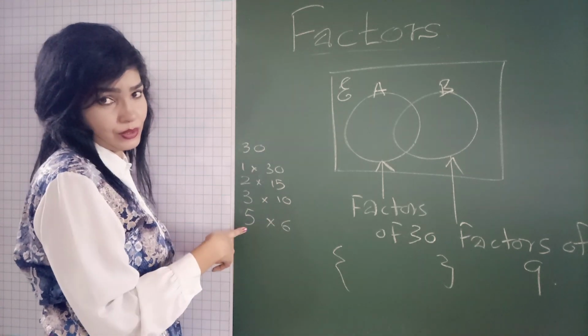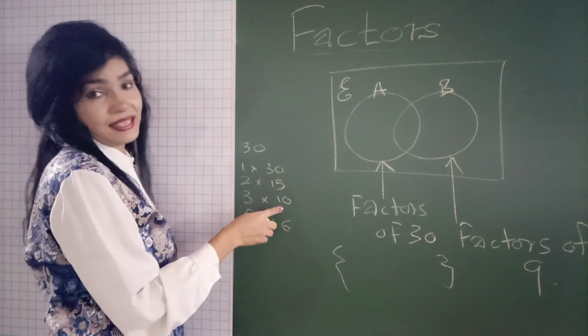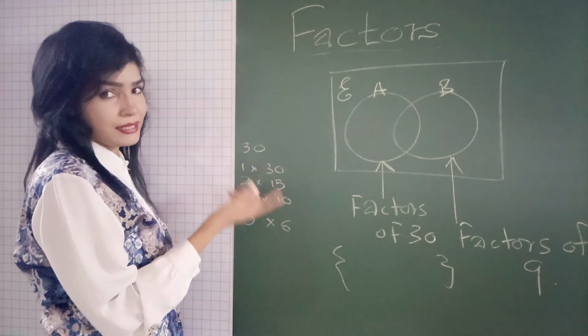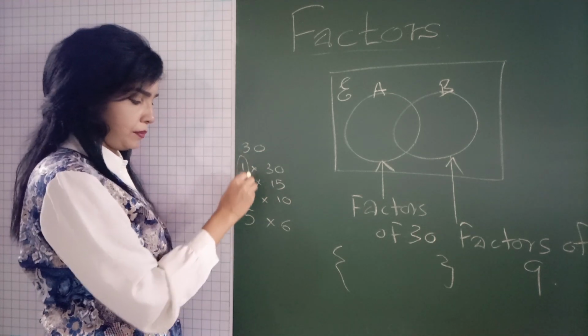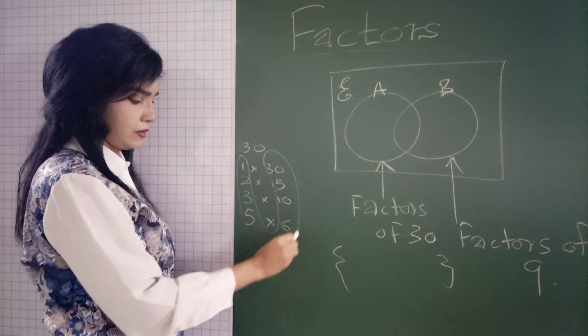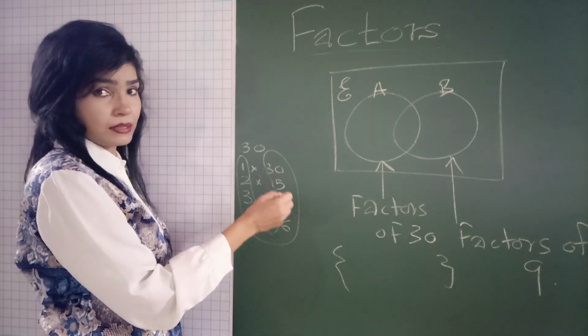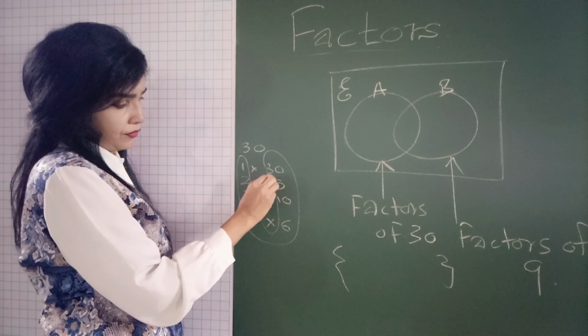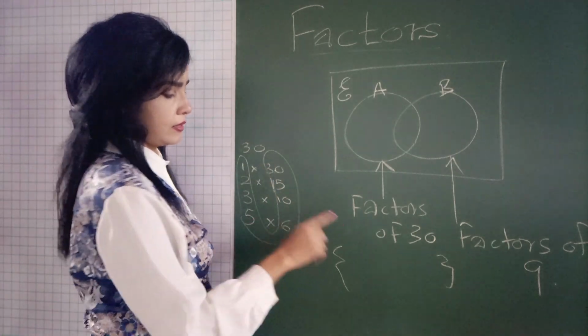Then 6 into 5, once again we don't want to write. 10 into 3, we don't want to write because it's already written. So the factors of 30 would be 1, 2, 3, 5, 6, 10, 15, 30. This is the factors of 30.